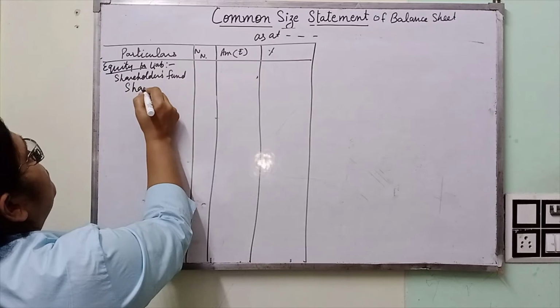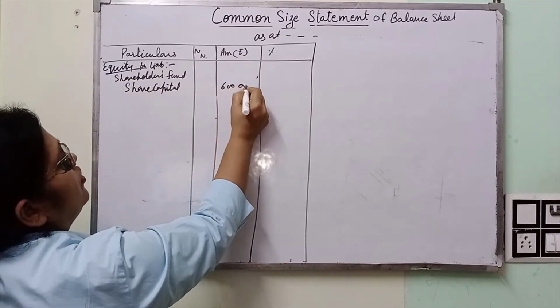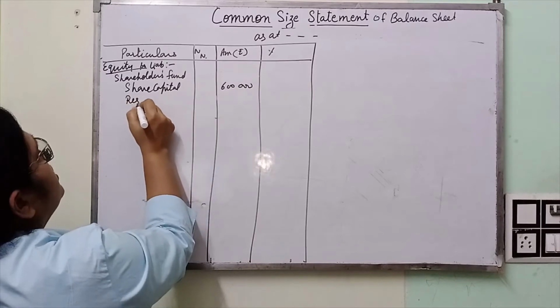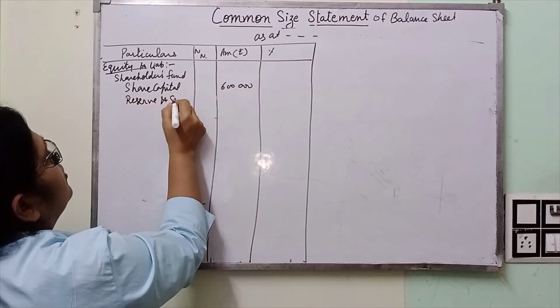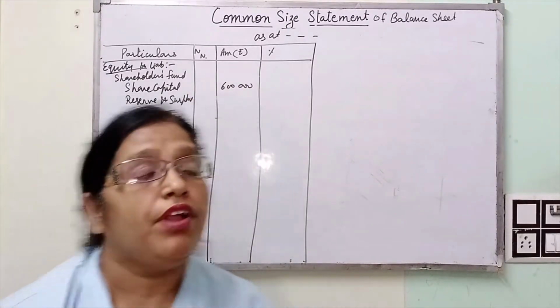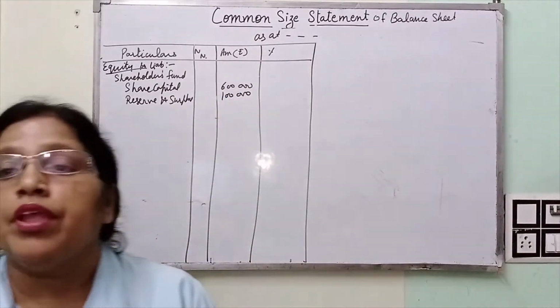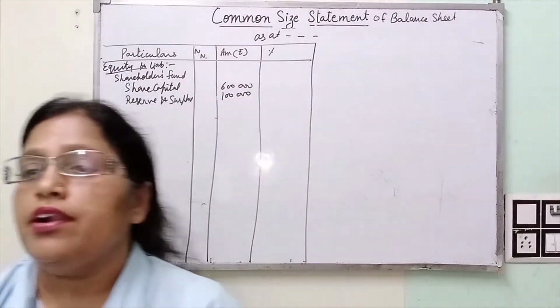Share capital is 6 lakh. Reserve and surplus: the amount of reserve and surplus is 1 lakh. Clear?